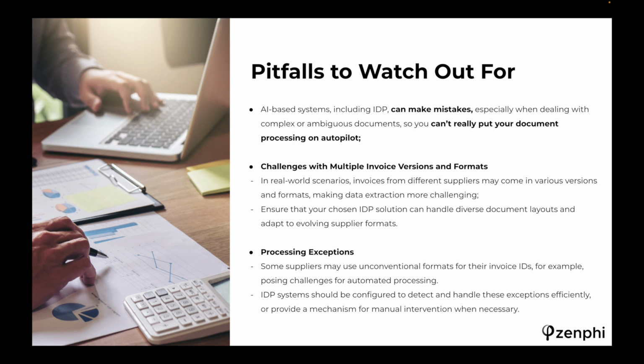The information gets extracted, like 1, 2, 3, 4, 5, but it's called reference number. So what's reference number in the context of vendor A? Is it PO number or is it customer number? Those are the exception cases you want the system you choose to be able to handle and help you put on autopilot.